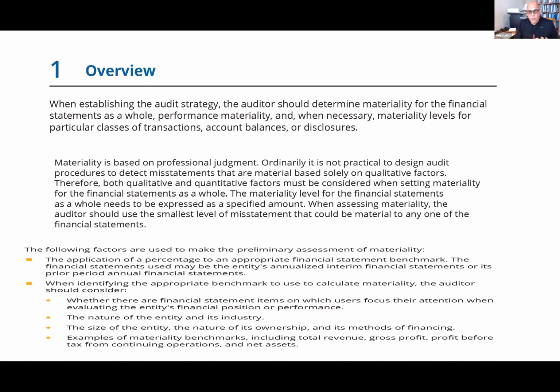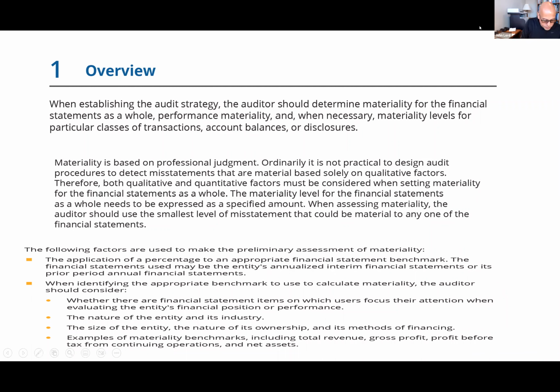It is a way of efficiently deploying audit resources towards those larger account balances, looking at it from a quantitative standpoint, or maybe not so much from a quantitative standpoint, but a qualitative standpoint as to areas that may be more sensitive to, again, we're thinking about the users of the financial statements, investors and creditors, and how it might change their investment and credit decisions.